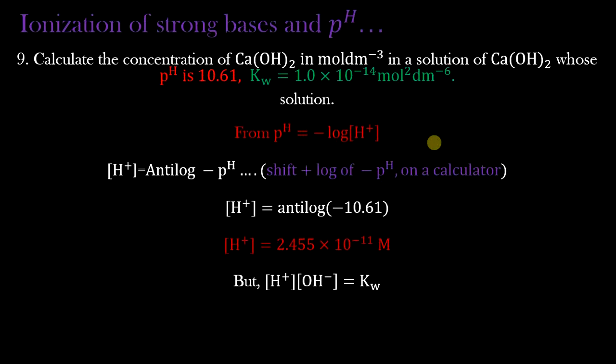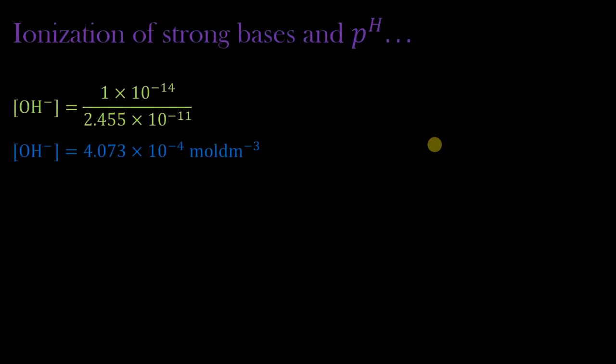That would give you molar concentration of hydroxyl ion as 4.07 exponent negative 4 moles per decimeter cube, which is the same as what we obtained in the first method.